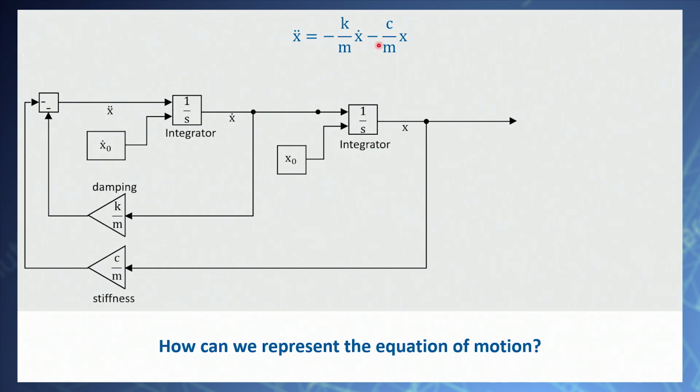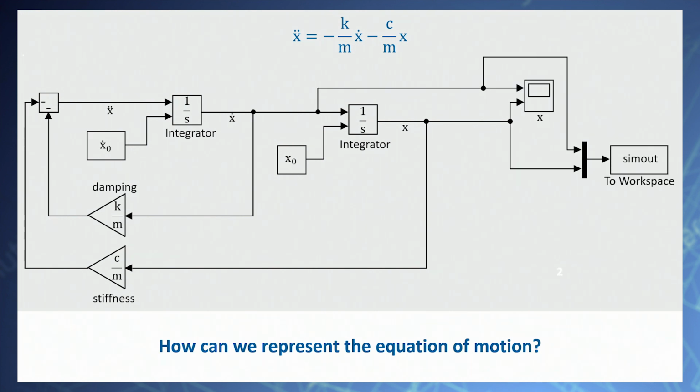Now the question is, can we say a little bit more about the signals behind those gains? If we look at this signal, then obviously this signal is 2 times delta times x dot, and this signal is omega 0 square times x, as you know from the other version of this equation.